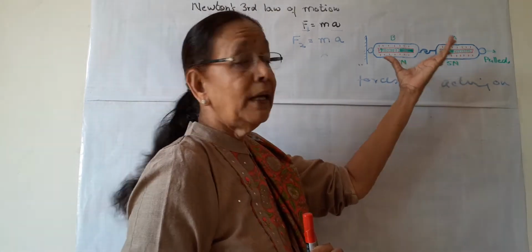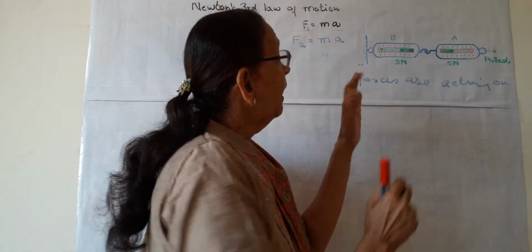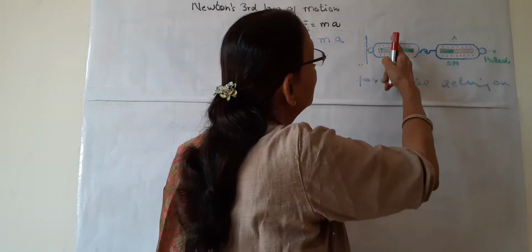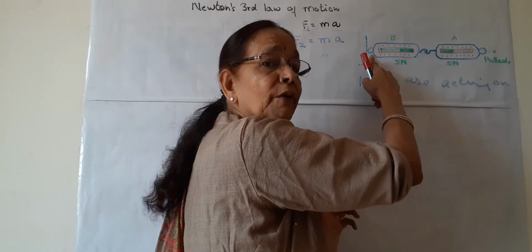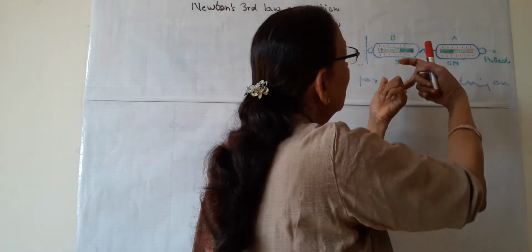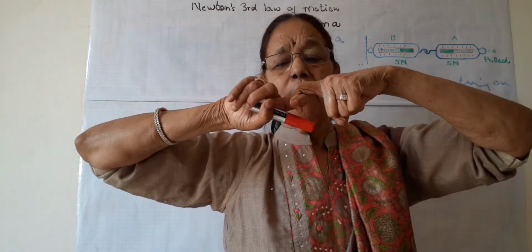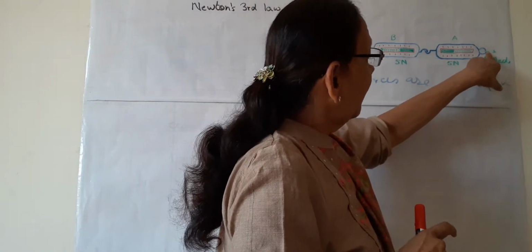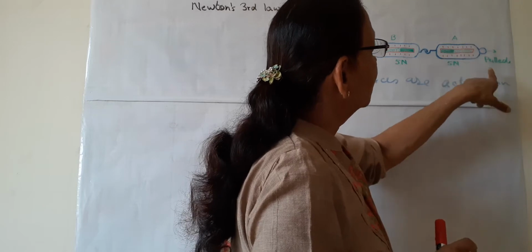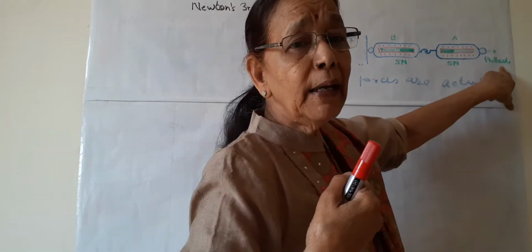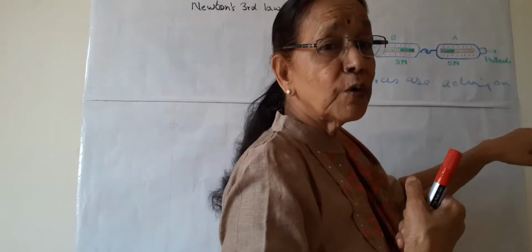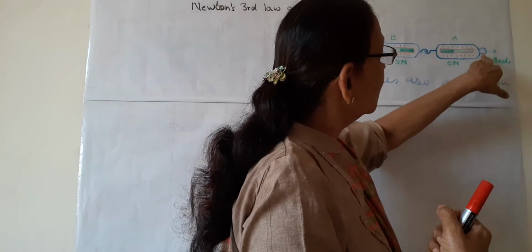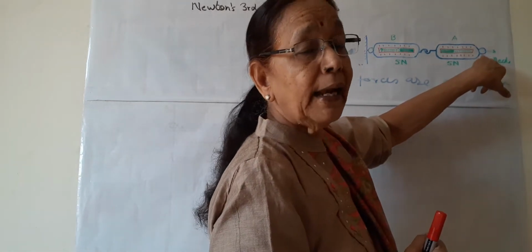One of the balances, B, is attached to the wall, fixed here. Both are joined by their hooks, and the end of spring balance A is pulled by someone. Some muscular force is applied from this end.